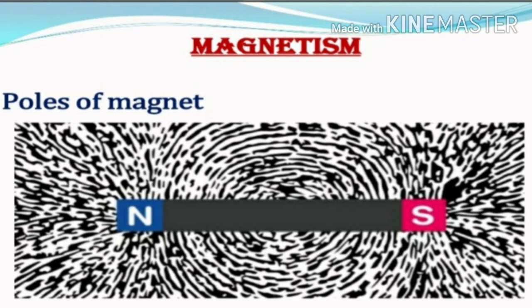That is, the ends of the magnet where maximum iron filings get clung, that is, where the attraction is strongest, are known as poles. The two poles are called the North Pole and the South Pole. Both poles are equally strong.